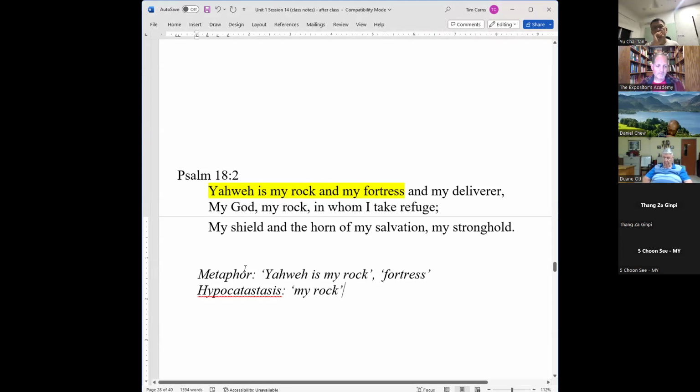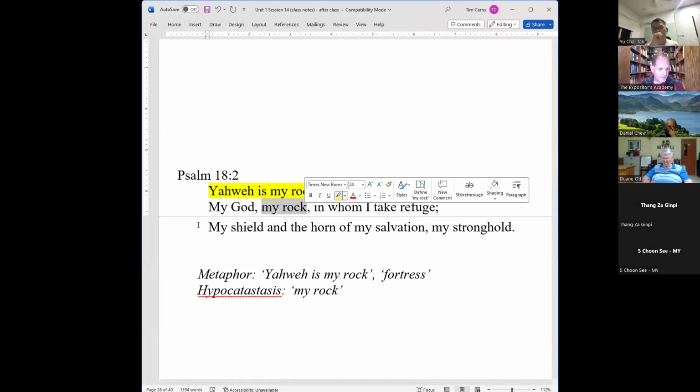So he's really emphasizing this, right? He is my protection, and he even says that, in whom I take refuge. And then, of course, he goes on with a series of hypocatastasis.